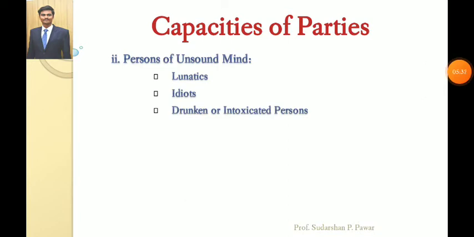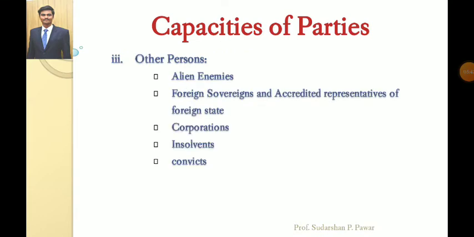So, students, we are going to discuss the third point, that is, other persons. In other disqualifications, we have five points. The first one is alien enemies. What is an alien? An alien is a person who resides in a foreign country.